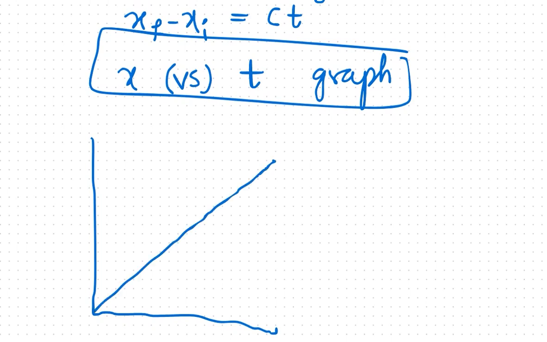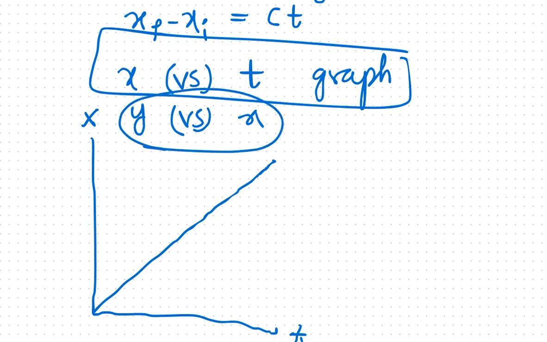You have to write it like this: y versus x, position over time, like the y-axis and x-axis. On the y-axis it should be x, and on the x-axis it should be t.